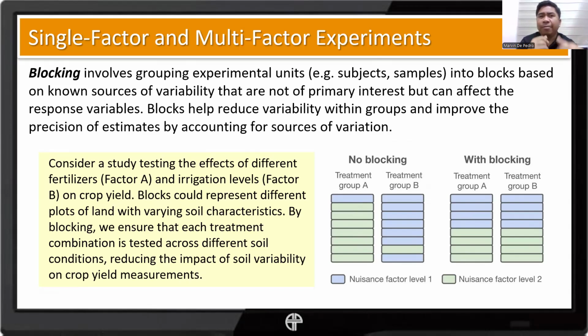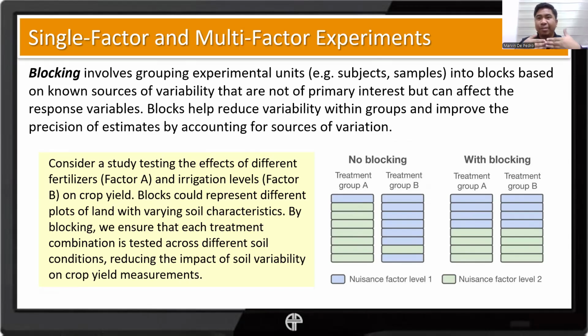All right. Or in other words, we make sure that, for example, if there's an uneven quality or condition of soil in the area that we are going to experiment on, then we have to make sure that both groups have the same amount of good quality, moderate quality, and poor quality of soil. So we have to divide that part.